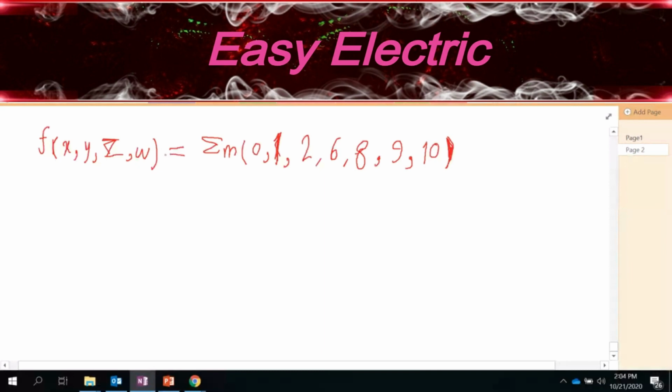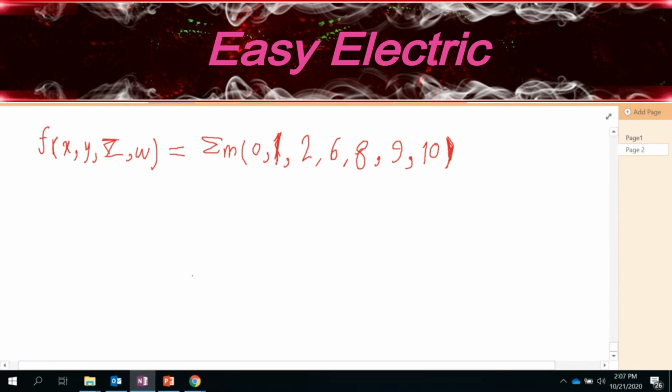There is actually nothing new. It is similar to what we did in our last class. We have a function with 4 variables. We want to use the K-map and get the simplest form of it. Let's see how we could get that.